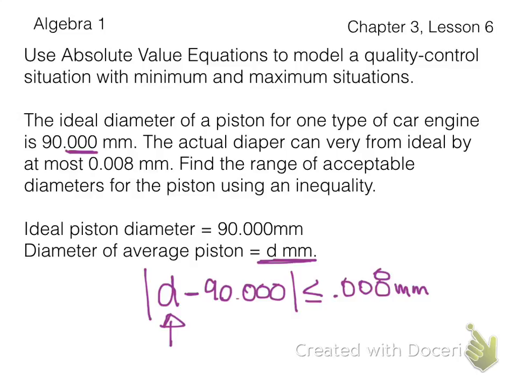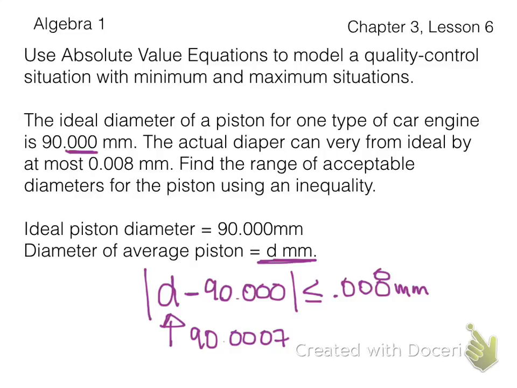Okay, so this is any piston. You could walk through the factory and just measure pistons. And so the first piston you measure, it could be 90.0007. Well, if you subtract the ideal, you're going to get a very small exponent.